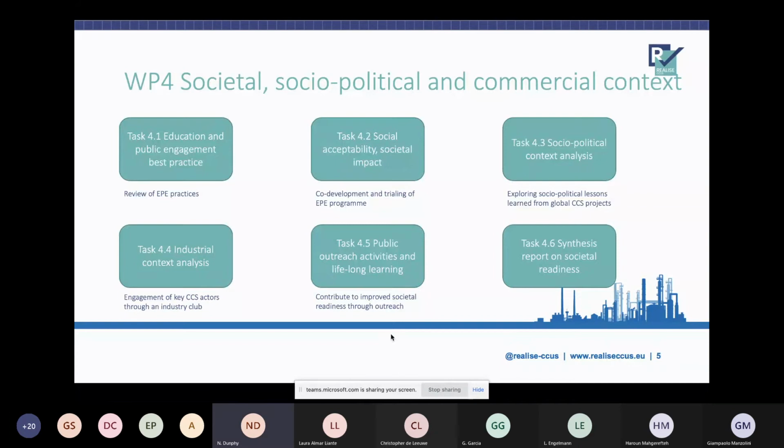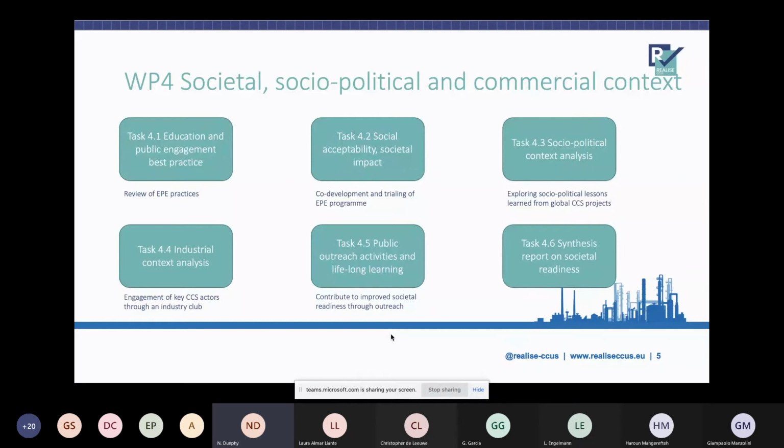The second is a task where we will develop an education and public engagement program for one of our case study sites and trial it with local communities. Third task then is a socio-political context analysis, where we will explore the socio-political lessons learned from various projects around the globe. Task 4.4 involves industrial context analysis, where we are engaging with key actors through an industry club.